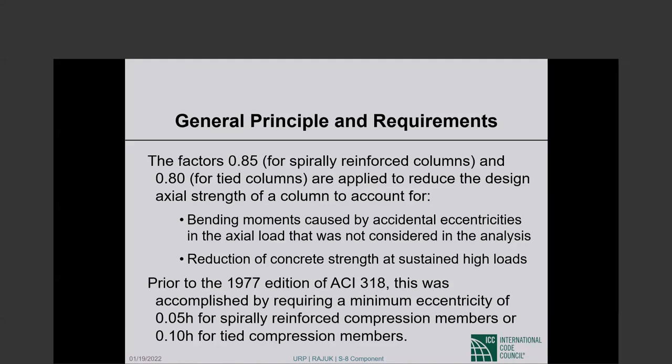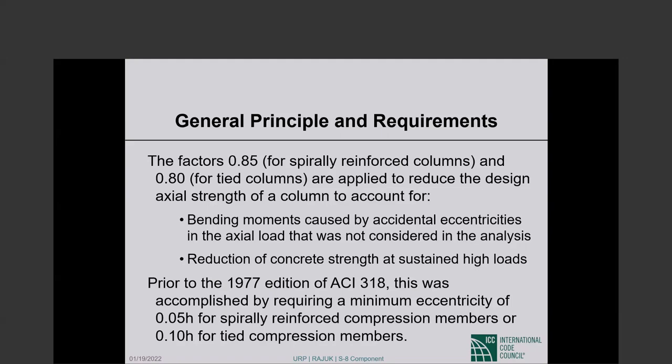Prior to the 1977 edition of 318, this was accomplished by requiring a minimum eccentricity of 5% of the column cross section for spirally reinforced compression members, or 10% of the column dimension in the direction of analysis for tight compression members.